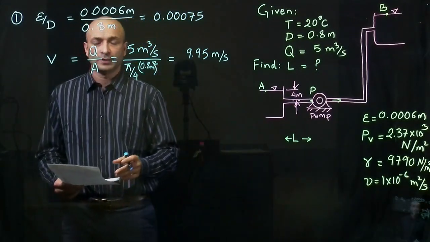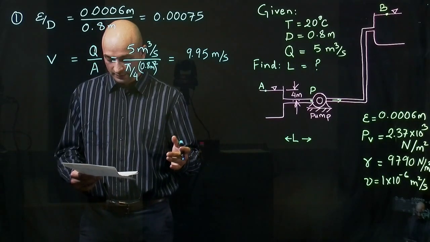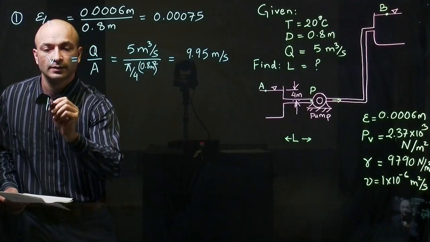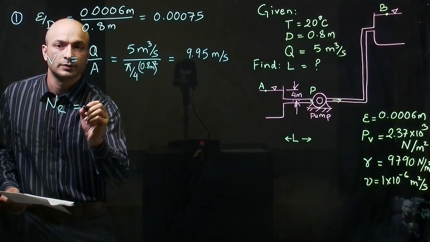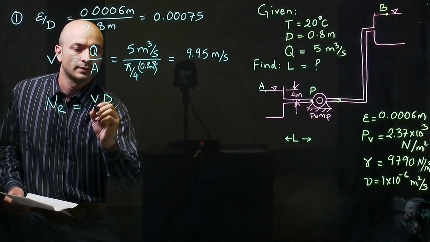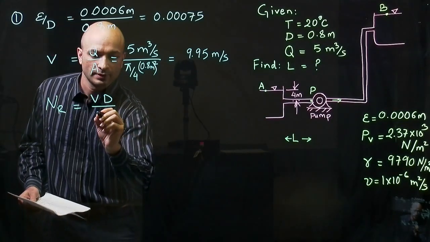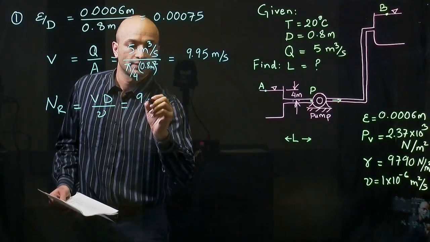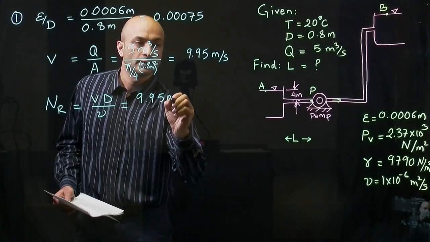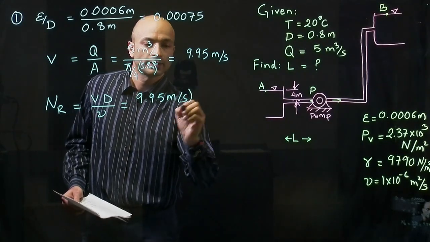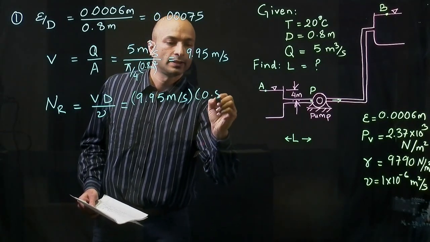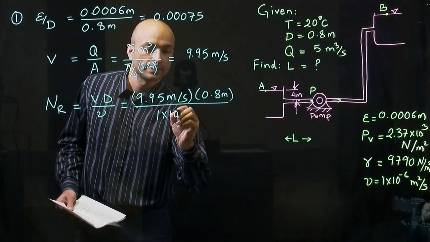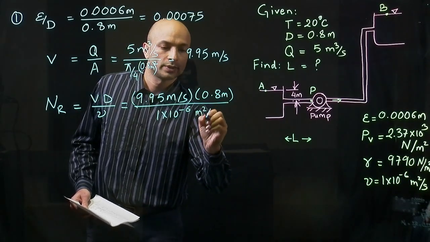Using Moody diagram, then we can find the friction factor. Actually, let's do Reynolds number first. Reynolds number equals V times D, velocity times diameter divided by the kinematic viscosity. We have velocity, just calculated, 9.95 meter per second times diameter 0.8 meters divided by 1 times 10 to the power minus 6 meters squared per second.